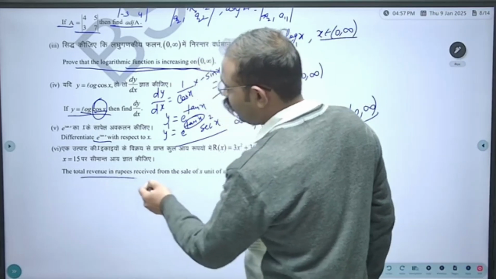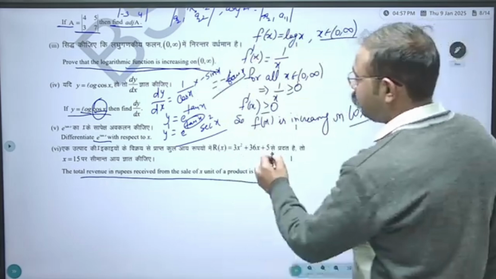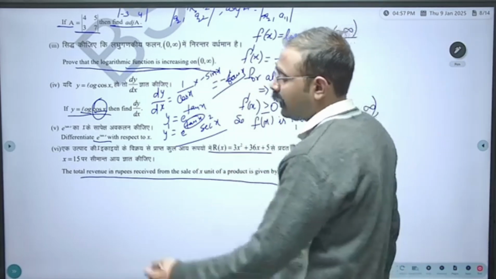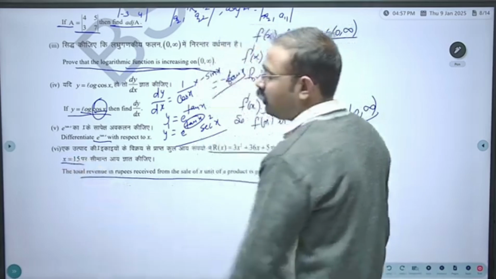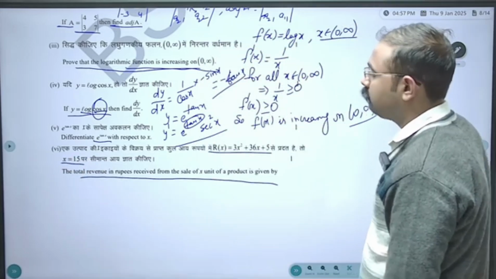Next is, the total revenue in rupees received from the sale of x units of a product is given by this R(x) is equals to, then at x is equals to 15, we have to find its income.